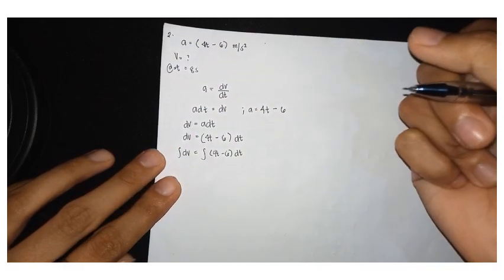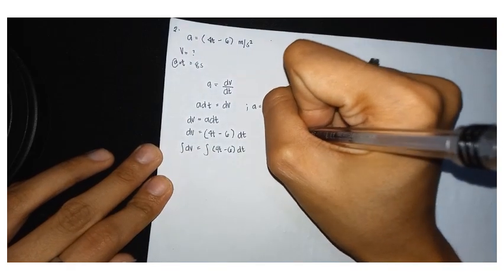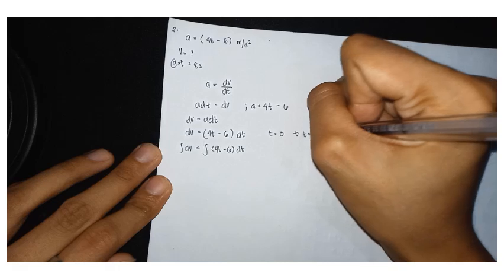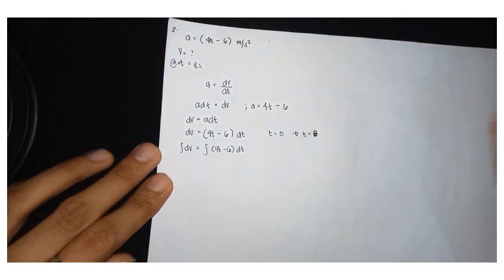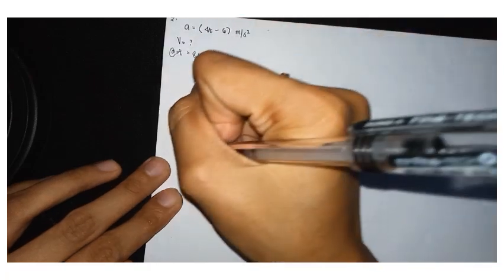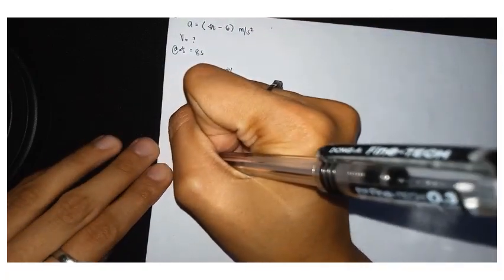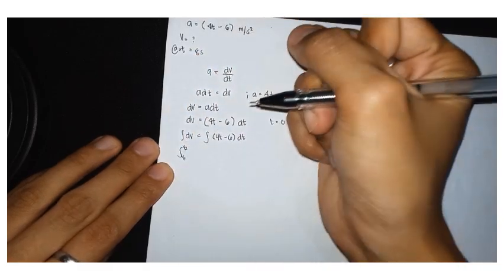Since we have the time from 0 to 8, the lower limit is the initial velocity and the final velocity is the upper limit.